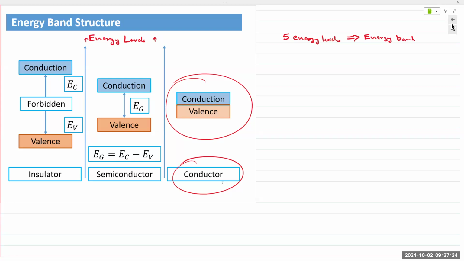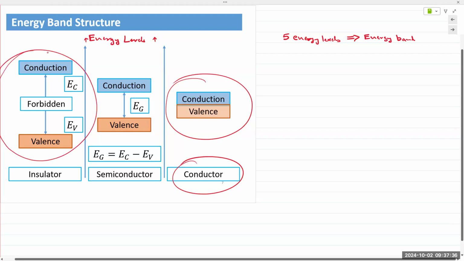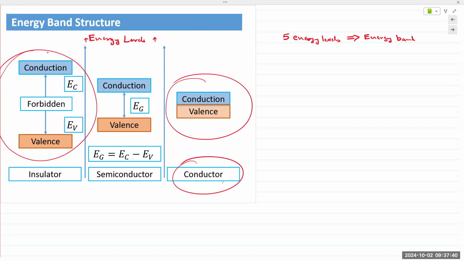Coming back to this diagram, on the left, the valence band energy and the conduction band energy are far apart. Okay, they're far apart. The electrons can never acquire enough energy to be able to freely move around the material. And hence that material is termed as an insulator.